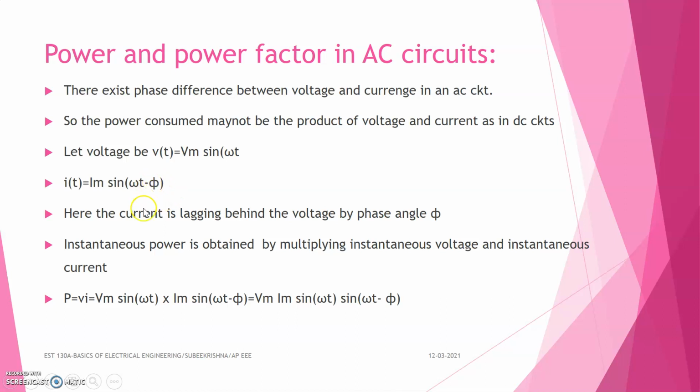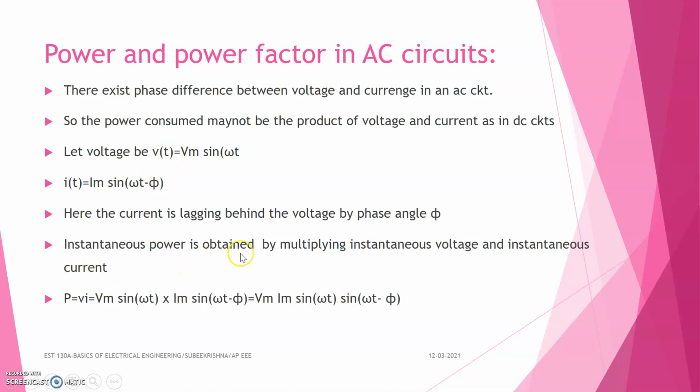This minus φ means the current is lagging behind the voltage by an angle φ. If this is plus φ, then we can say the current is leading the voltage by an angle φ. But in this equation it is minus φ, so the current is lagging behind the voltage by the angle φ.